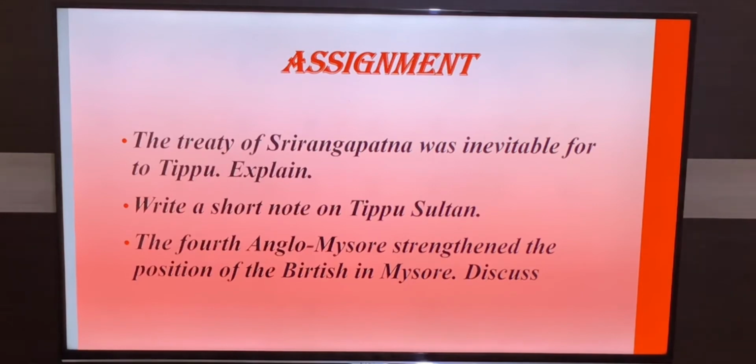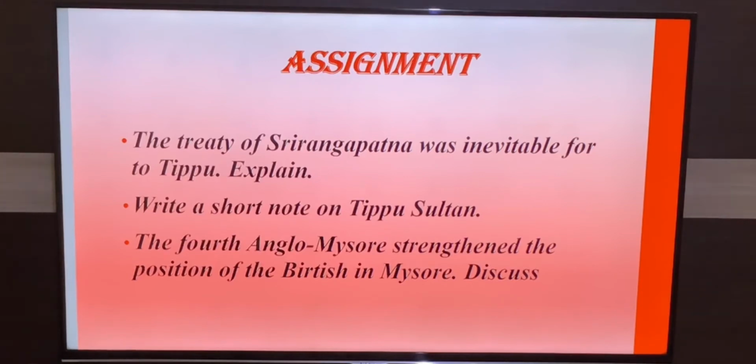Then you have to explain his role in the Second Anglo-Mysore War. That is, you have to explain from the Malabar region, and later you will explain up to the Treaty of Mangalore.